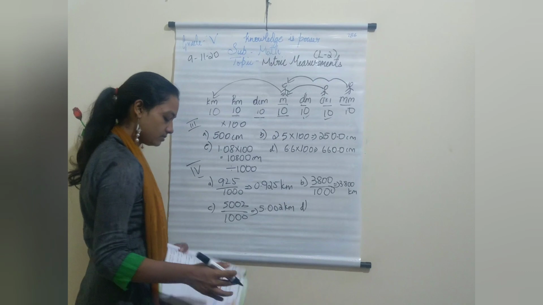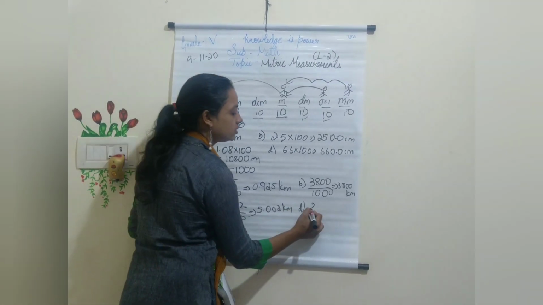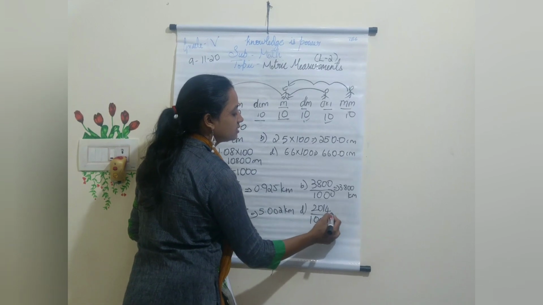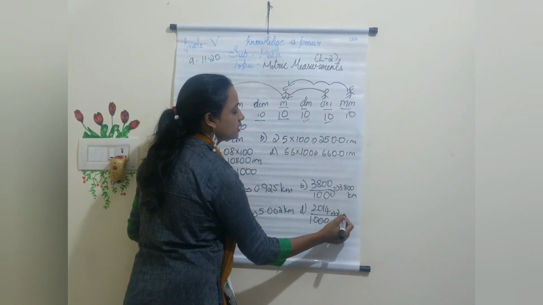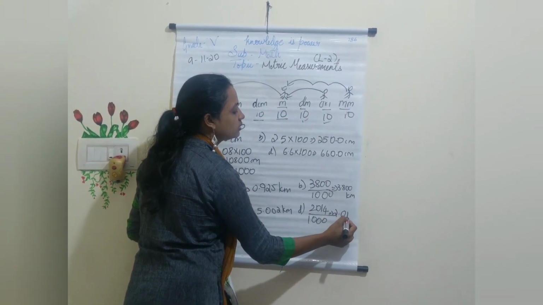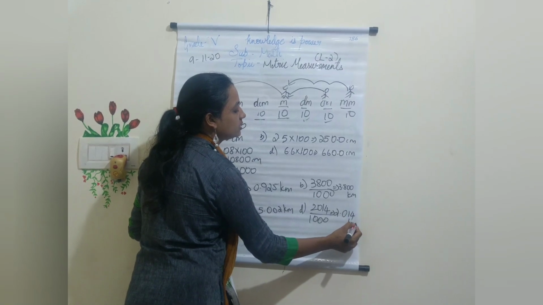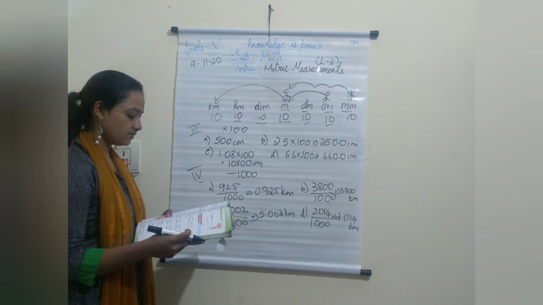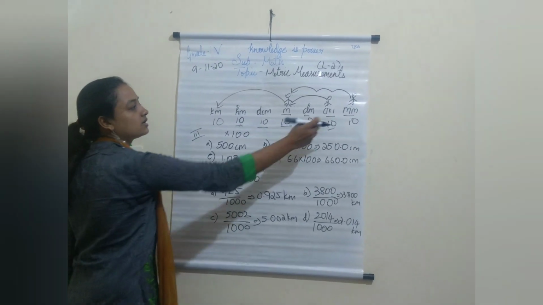And the D, 2014 divided by 1,000, you get 2.014 kilometers.